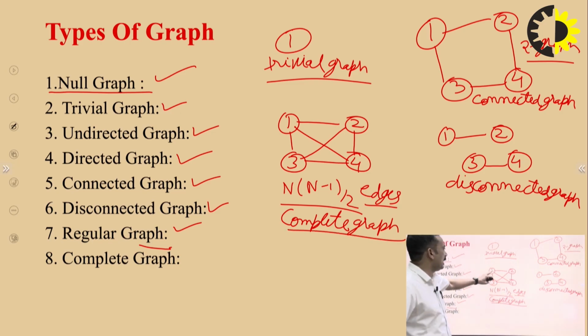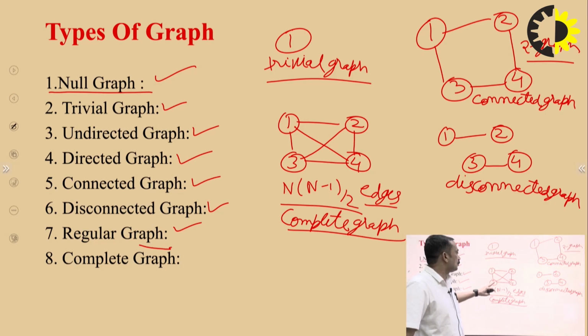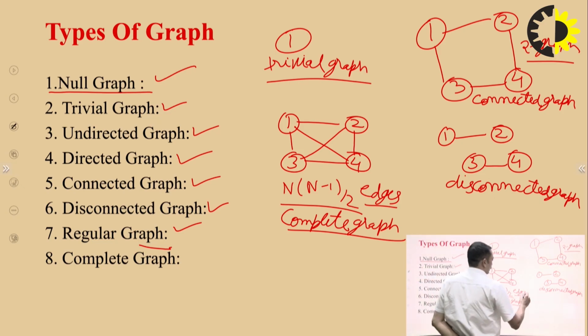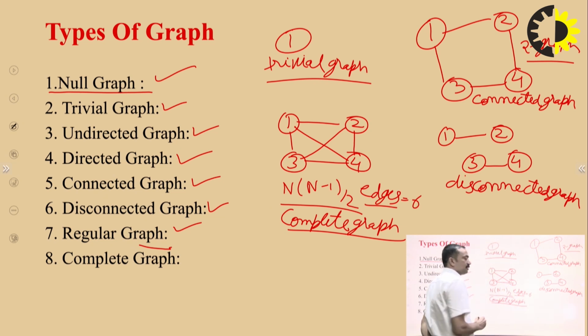Here we have n = 4 vertices. So in a complete graph we have 4 into 4 minus 1, that is 3, so 4 into 3 by 2, which is 6. So we have 6 edges if a graph is a complete graph. We can count these: 1, 2, 3, 4, 5 and 6. So we have 6 edges in this complete graph.